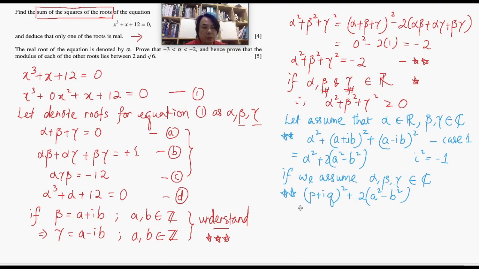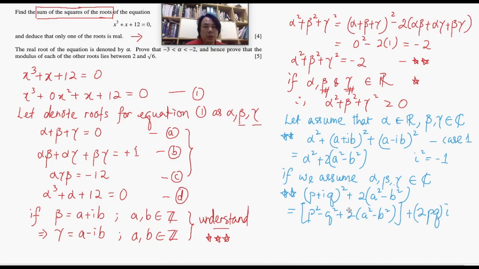And then eventually we will get p squared minus q squared plus 2a squared minus 2b squared, which are all real, and then we have 2pqi.